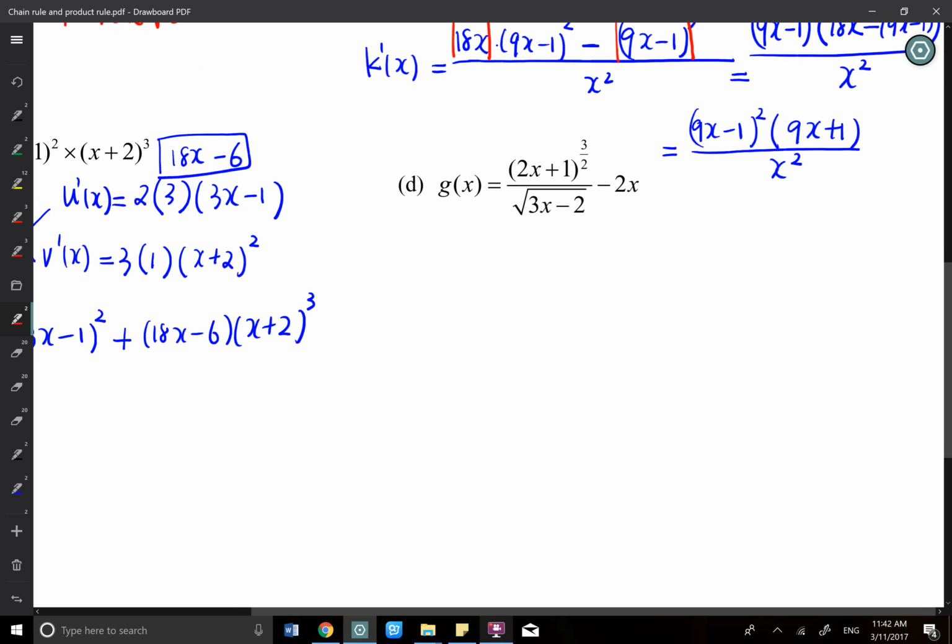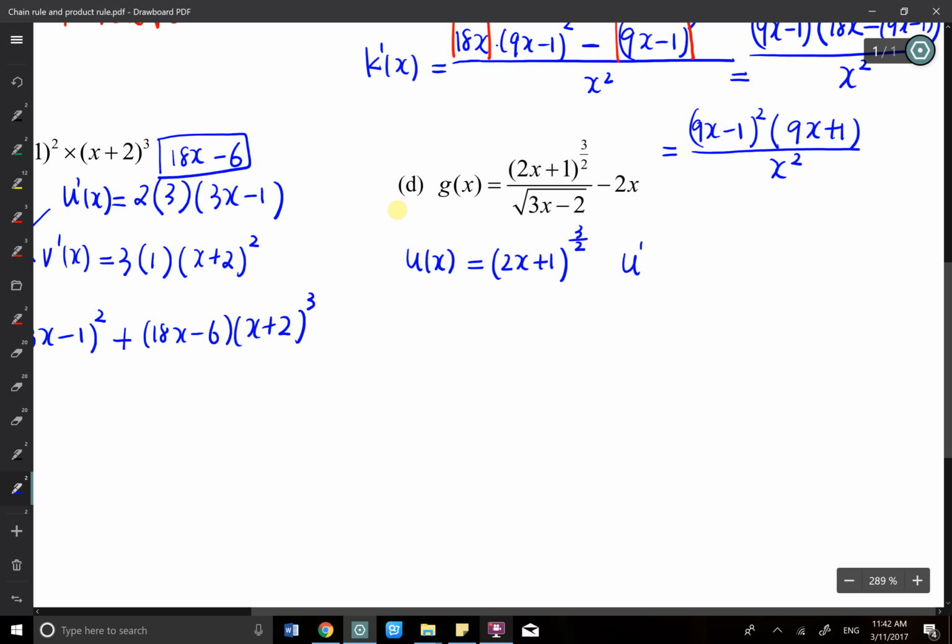Okay, let's have a look at the next one. If you can see, we have the quotient rule. We use the quotient rule here, but don't forget there's the extra bit because it's something minus 2x. So you derive that thing minus the derivative of the 2x. So we'll do the same thing first. u(x) is (2x plus 1) to the power of 3 over 2.